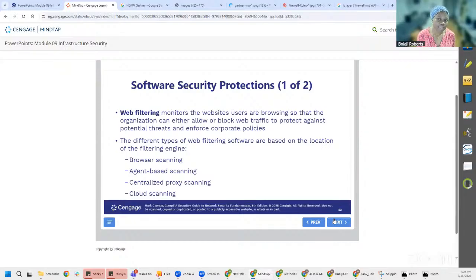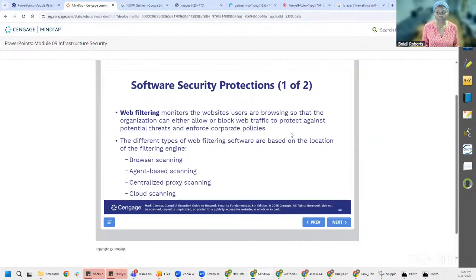There are different types. There is the browser-based, meaning that they work at the browser level. There's the agent-based, meaning that it is an agent installed on the user system. And then you have centralized proxy scanning, so they are on the network. And then you have the cloud scanning, which is for the cloud environment.